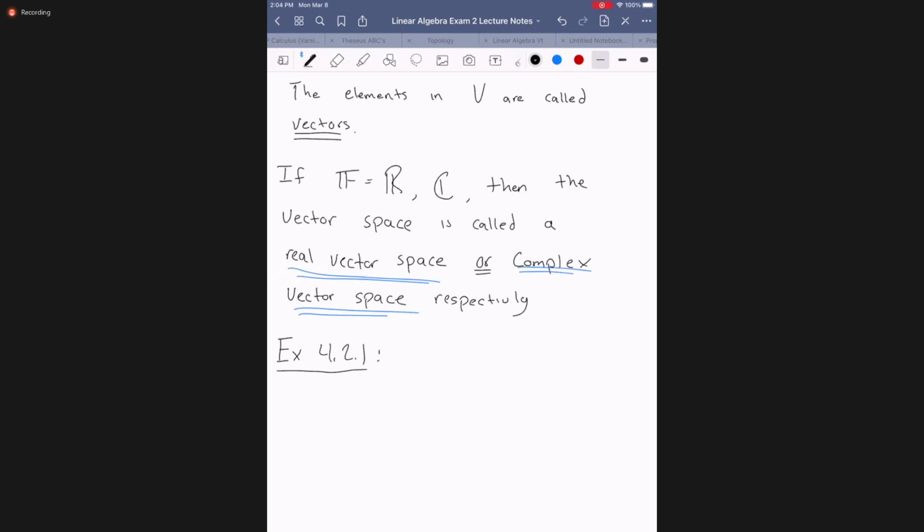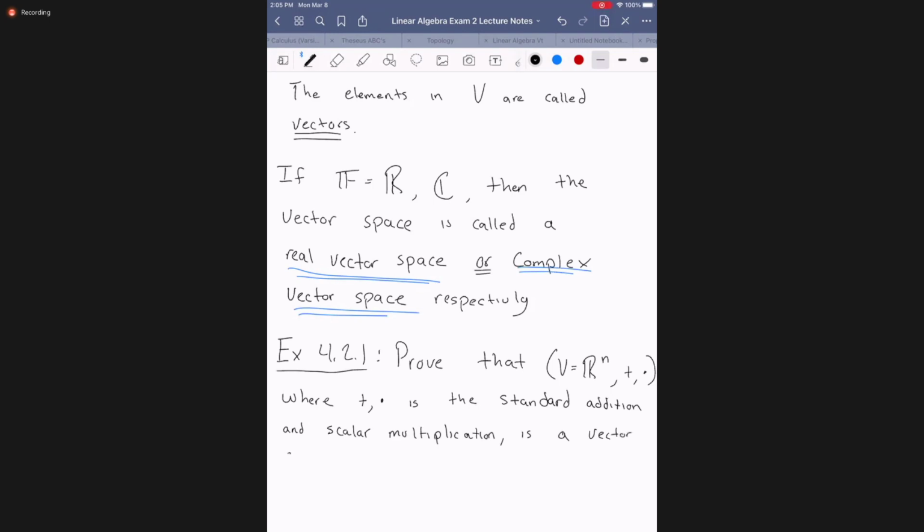Prove that the triple V equals R^n, plus, and times, where the plus and the multiplication are the standard addition and scalar multiplication, is a vector space over R. Okay, so now let's discuss how to actually do this.